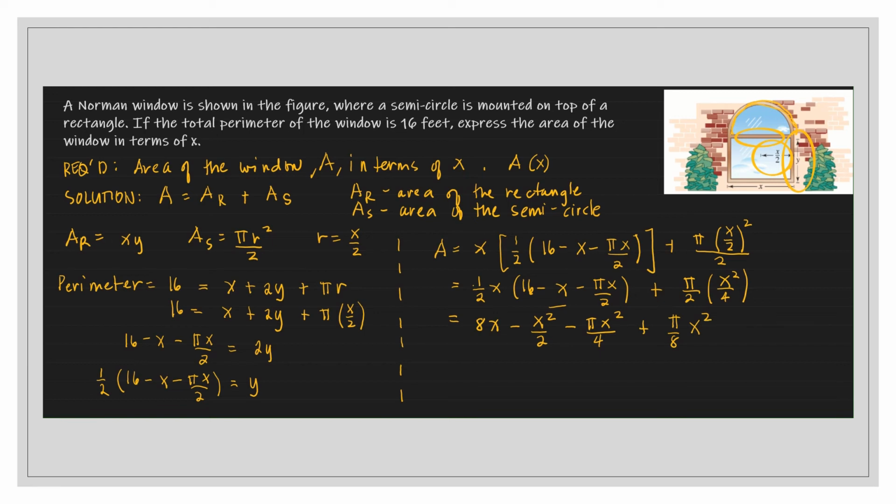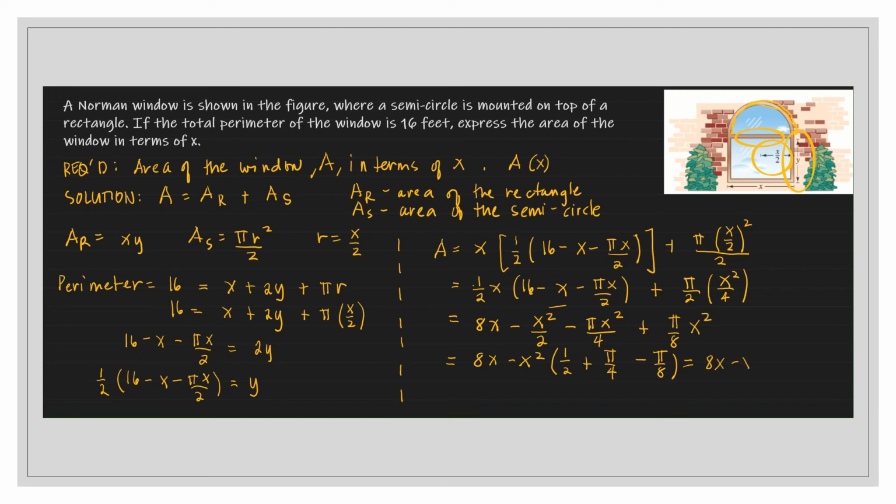So notice that the last three terms are all in terms of x squared. So we can factor out x squared, or we can actually factor out negative x squared. So we have 8x minus x squared times 1/2 plus pi over 4 minus pi over 8.